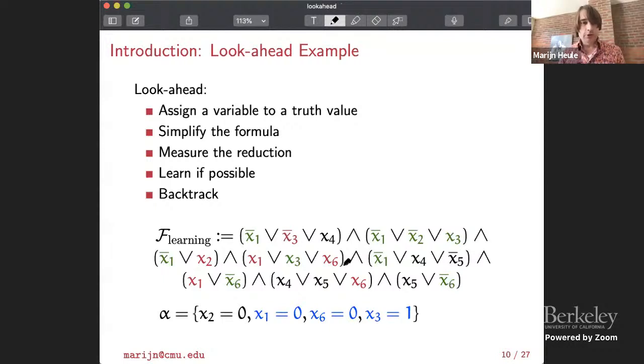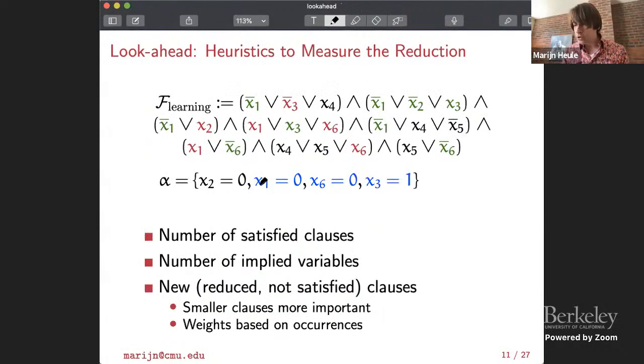But now we need to do the next step, which is to measure the reduction. On the next slide, I will show you this, and then we will talk a lot about learning if possible. Now, this is exactly the same formula and the assignment of the look ahead on the prior slide.